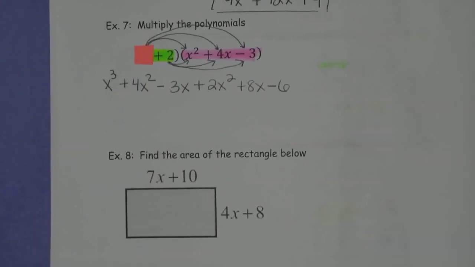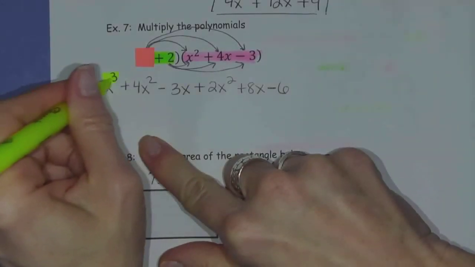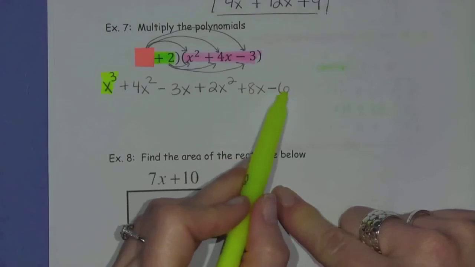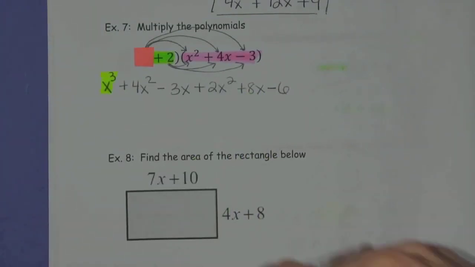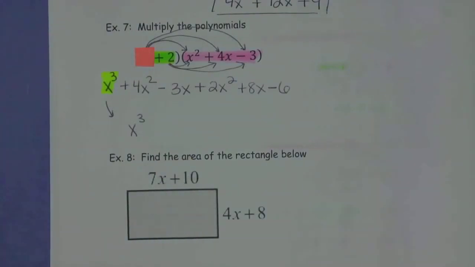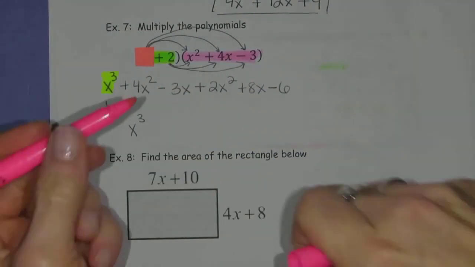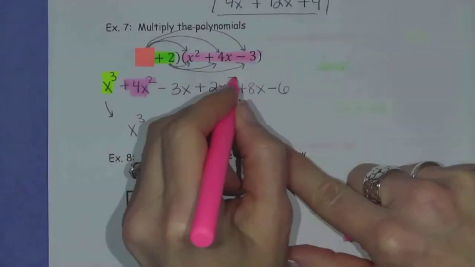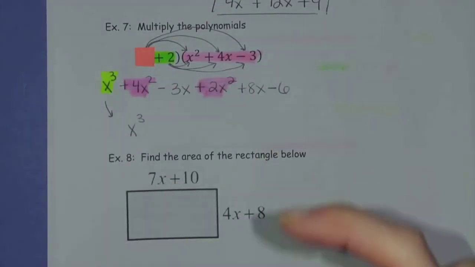Let's start highlighting our like terms. Let's start with the x cubed. Do we have anything else like it? Nope, that's the only one. Bring it down. Down, down, down it comes into the final answer. Let's move on to our squareds. We've got a positive 4x squared, positive 2x squared.